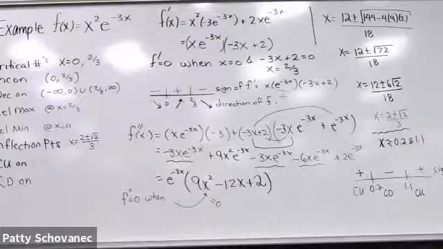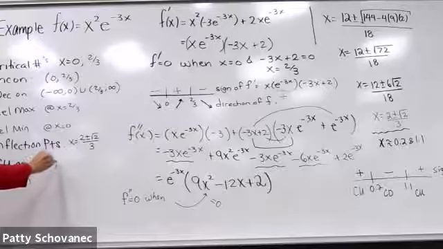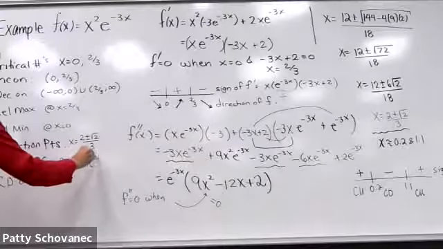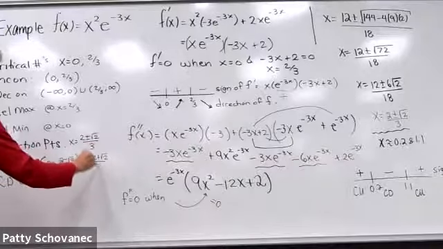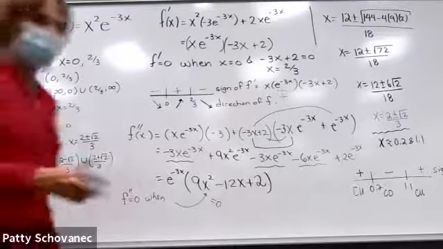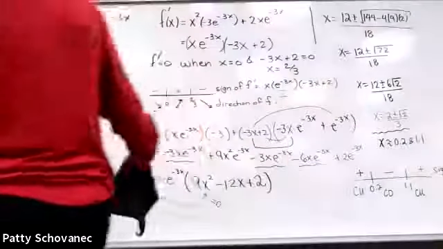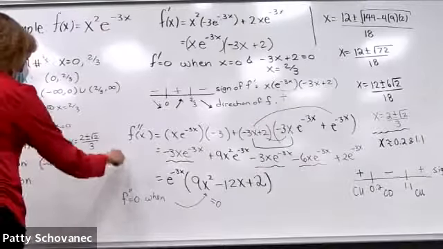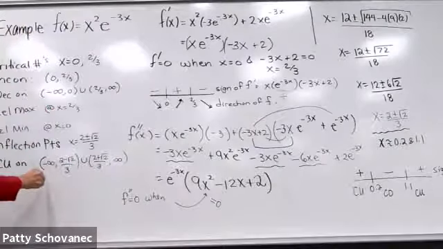It's concave up to the left of the smaller one, so from minus infinity to 2 minus the square root of 2 over 3. And then again to the right, 2 plus the square root of 2 over 3 to infinity. Concave down in between.